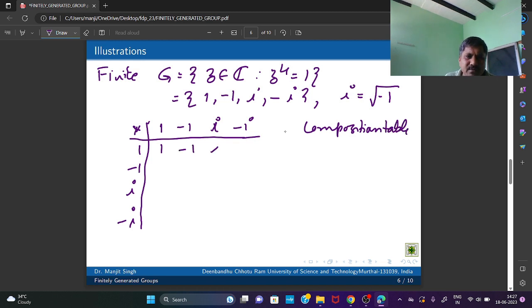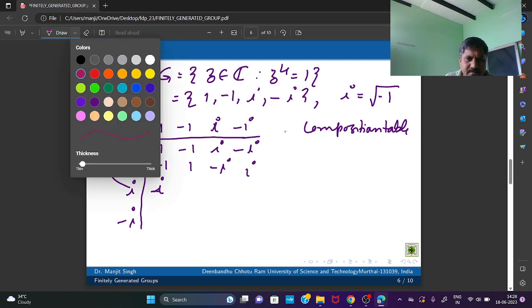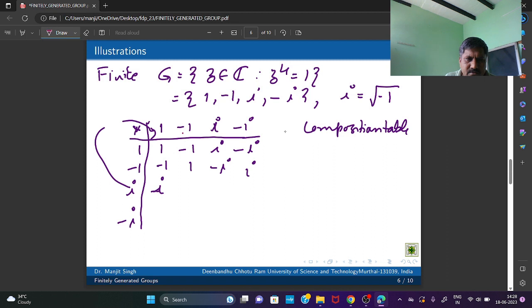So 1, minus 1, iota, minus iota. We multiply this with this, and you can see the result here. If you multiply this with this, we will get an element here.